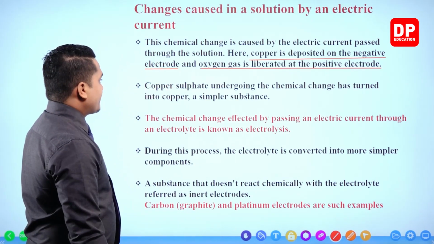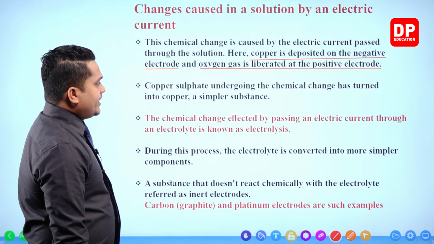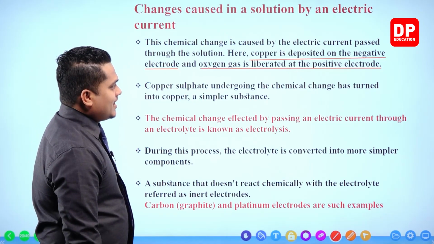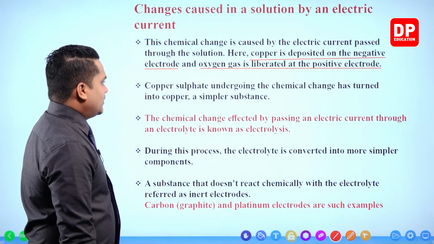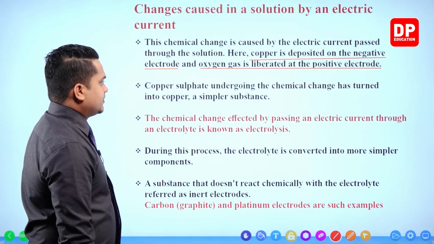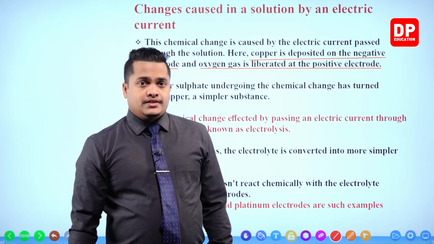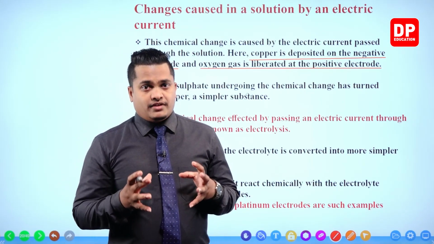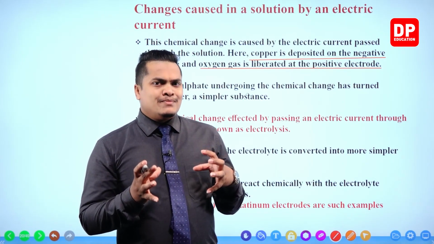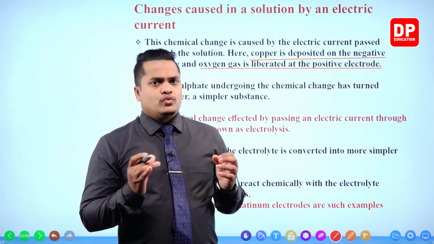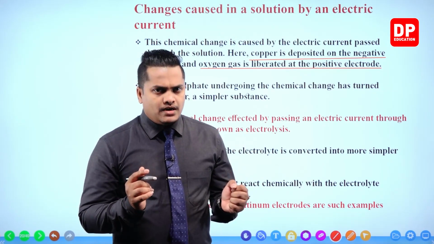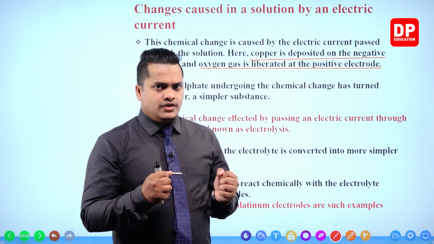Copper sulfate undergoing the chemical change has turned into copper, a simpler substance. Now, earlier it was copper sulfate. You know that copper sulfate is made up of the joining of two different substances, copper and sulfate.